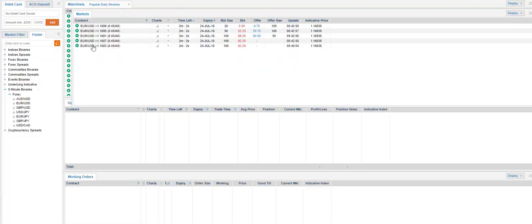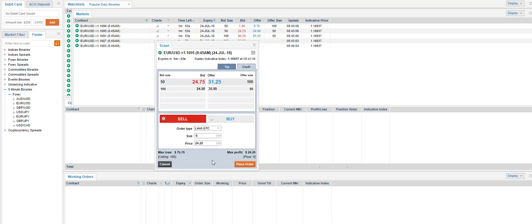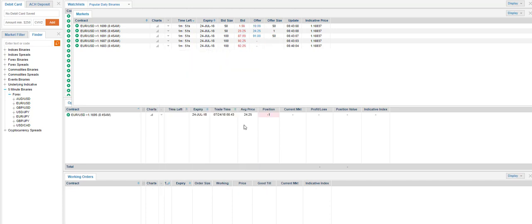Euro USD 1696, and 1695 was there. In fact, it's still sitting there, even just 1 minute in, getting it for $24.